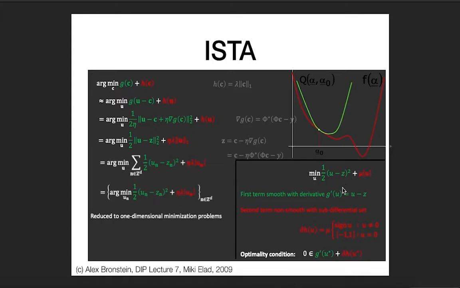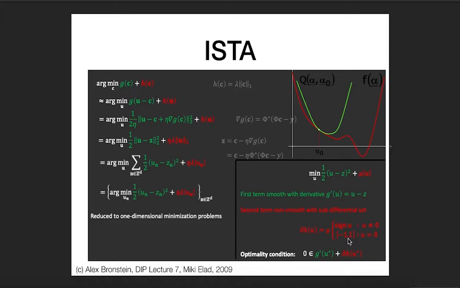Now if some function is non-smooth and doesn't have a derivative, then you can define a sub-differential set. Here u is non-smooth at u equal to 0, and smooth elsewhere, so at 0 you can define anything between -1 and 1.